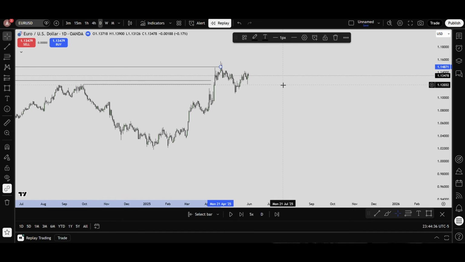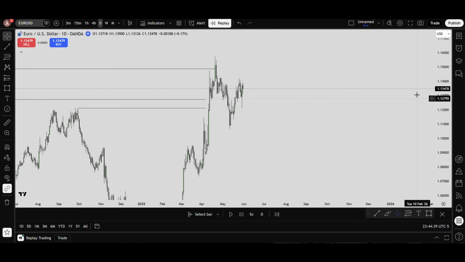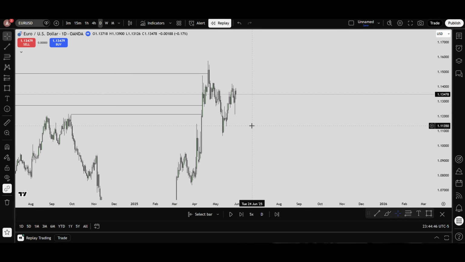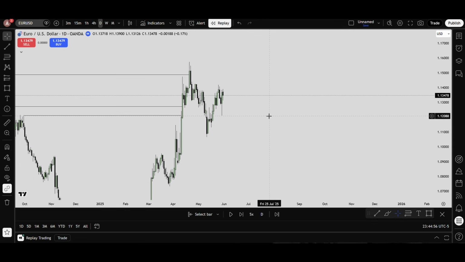And here we start looking for a potential zone of interest, or just the area where price might react. And honestly, guys, if we don't see a clean setup on the daily, we drop to the 4-hour time frame. So it's not a problem at all. So let's move to the 4-hour time frame.